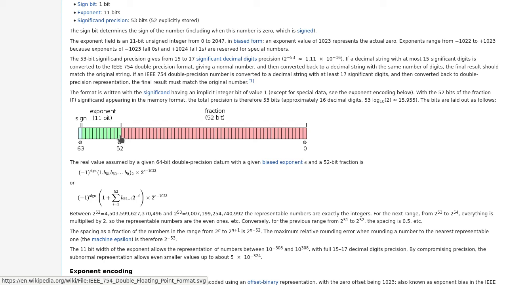So IEEE chose to use a bias so that the most negative exponent of 2 we can specify is negative 1023, and the most positive one that we can represent is 2047 minus 1023, which turns out to be 1024. Are we still doing okay so far with this expression here?